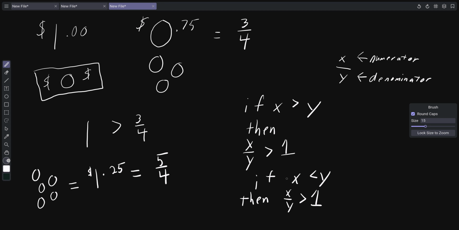Right? Actually, hold on, wait, I messed that up. If it would be less than 1, so it would go this way, my mistake. Right? And we can see that in the example up here, where we see 3/4, we would need 4 to make $1. We only have 3, so we have 75 cents, and that's less than $1.